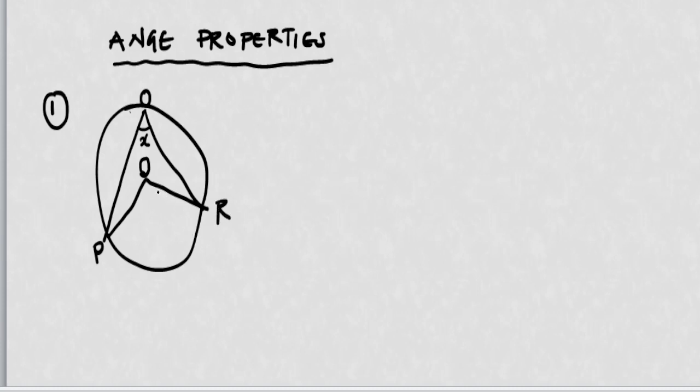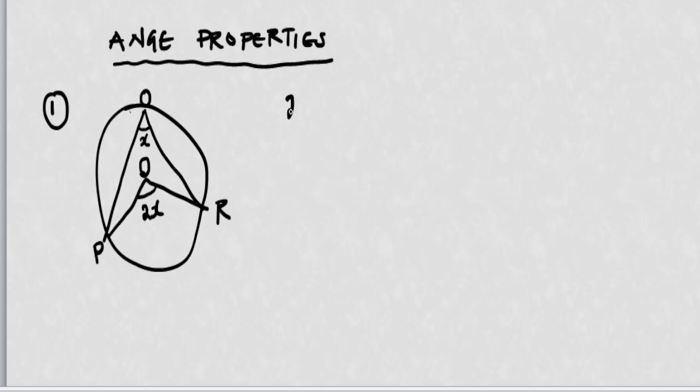Then the question is, what would be the angle at the center if the angle at the circumference is x? According to this property, the angle at the center is twice the angle at the circumference. If at the circumference it's x, then at the center it becomes 2x. That's what it means. In other words, the angle at the circumference is half the angle at the center. Very important. I'll pass you through all the theorems, then later on we'll look at some examples where we're going to put in what we've just learned.